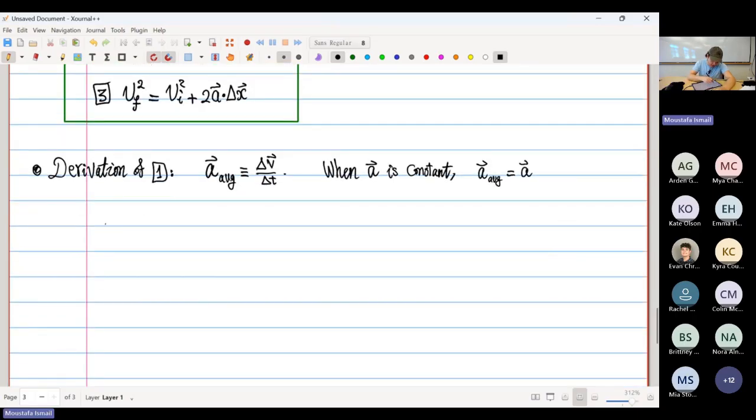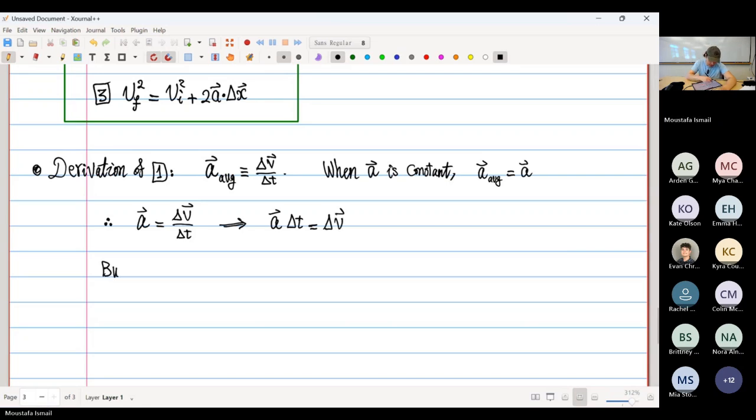So we can really, therefore, these three dots mean therefore. So a is equal to delta v divided by delta t. You can multiply both sides by delta t, so that gives you a times delta t is equal to delta v.